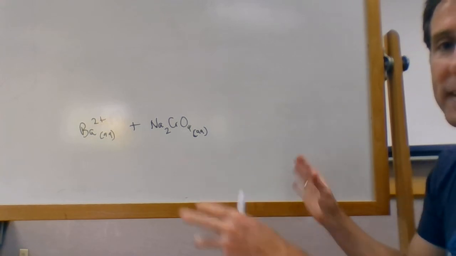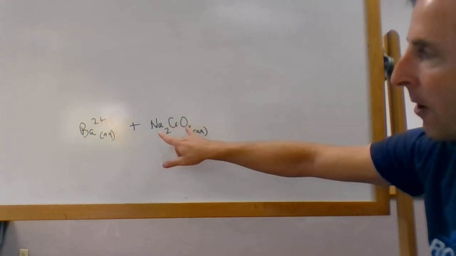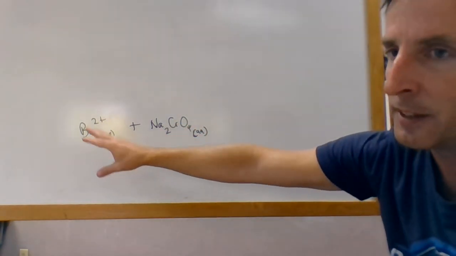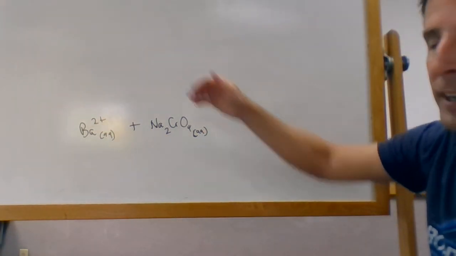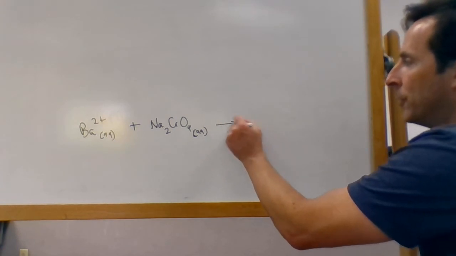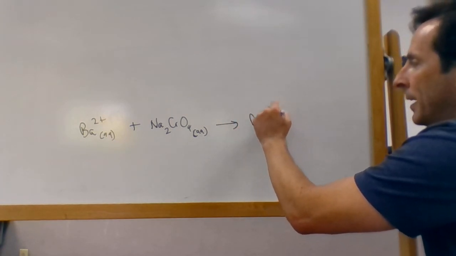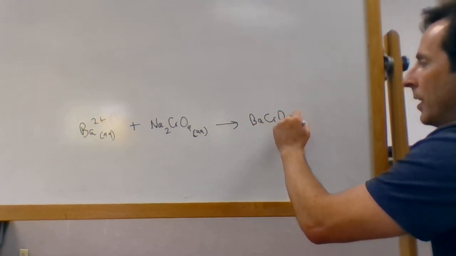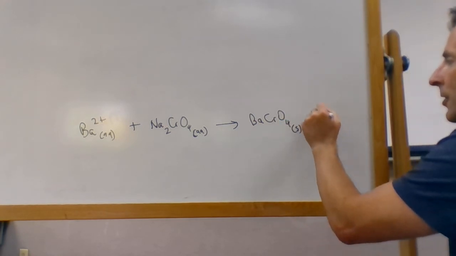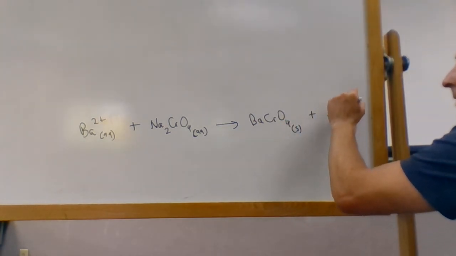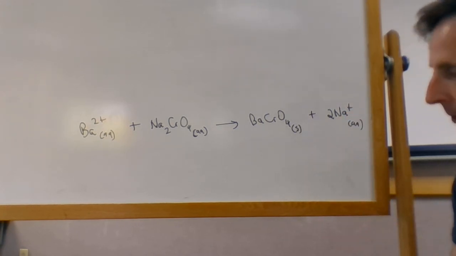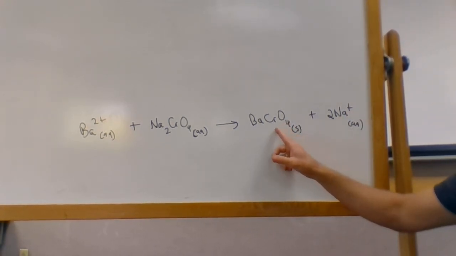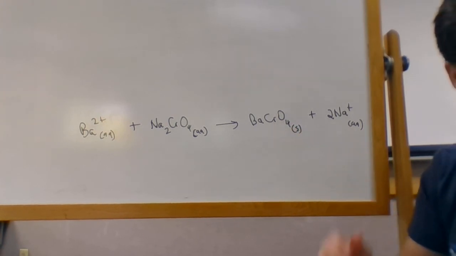If I did the net ionic equation, split these apart, basically the barium ions that were in the sample and the chromate ions that I've added, they're going to come together to form barium chromate solid. And then the 2 sodium ions are just going to be floating around. They're not really doing anything important, okay? But the formation of that precipitate, that's what it's talking about.